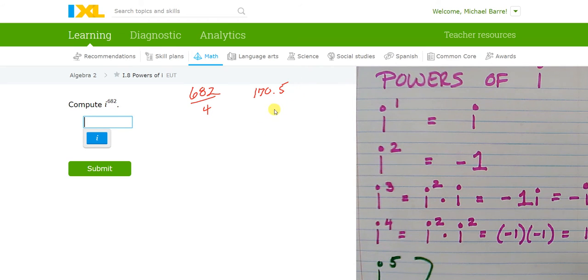So it's something weird. Let's take out, what's 4 times 170? 4 times 170 is 680. So really, between 682 and 680 is a power of 2. This is the same thing as i squared, which is -1.